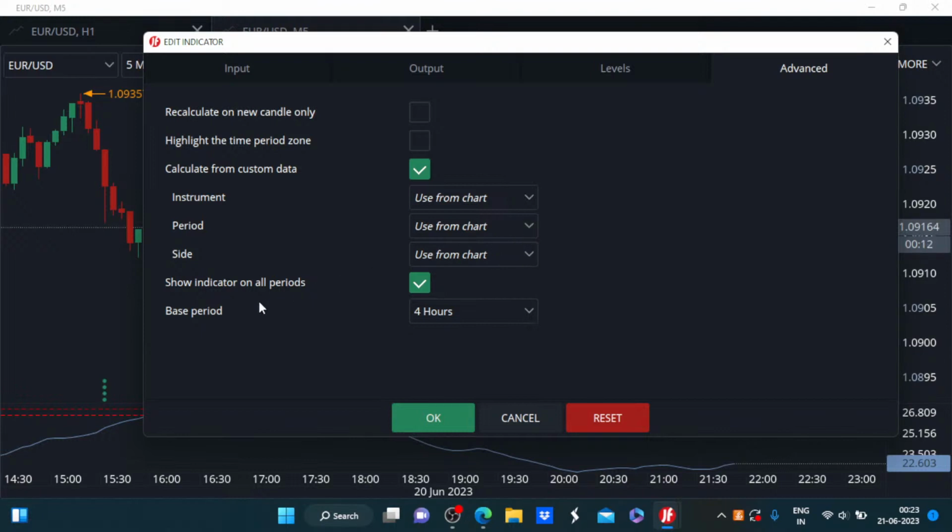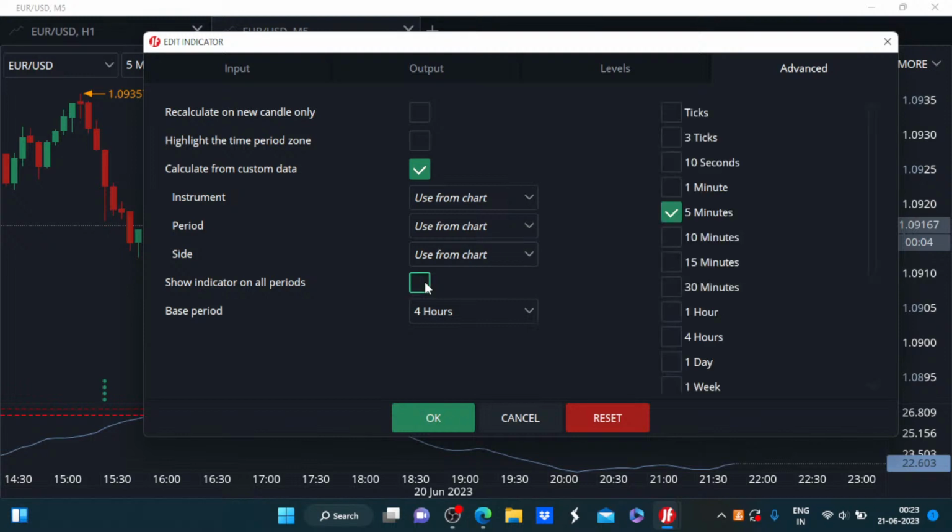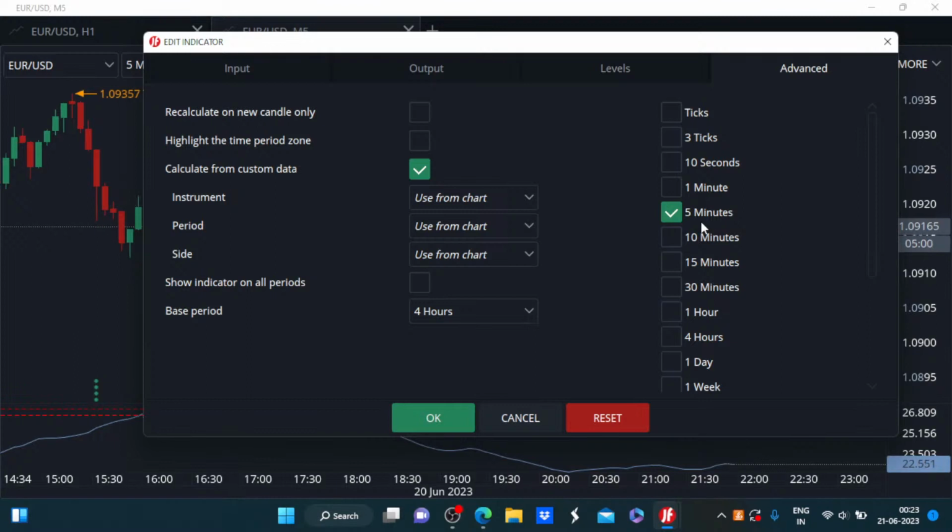Whatever is your candle grade, you can have this indicator available on all the time frames if you opt in for this. Else you can independently define a particular time frame you want this indicator, and only on that particular time frame this indicator will be available. So these are multiple possibilities of working with this indicator.